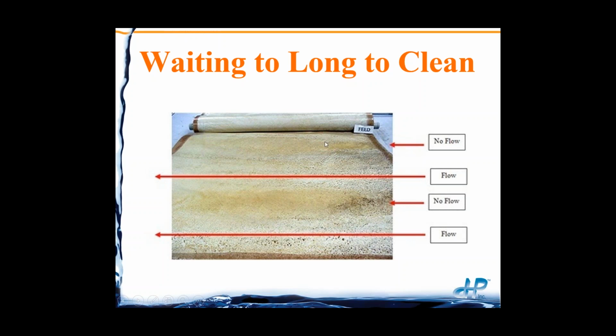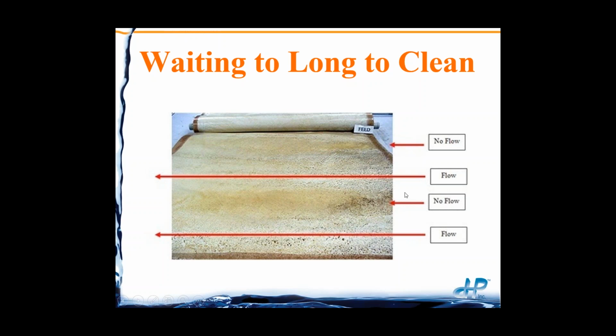But if you clean at the point where it's channeled, then there's no way, because your cleaning solution is going to take the same path as was taken during normal service. It's going to take the path of least resistance, which is not going to be in the plugged areas. So it could take hours and hours and hours and even days of soaking and circulating to be able to get this clean back to near new performance.